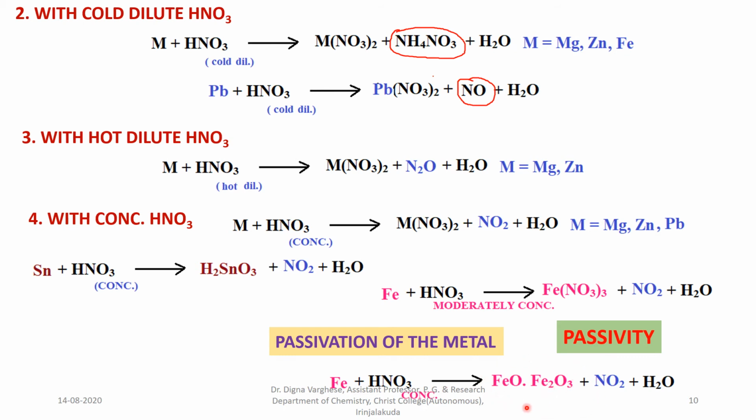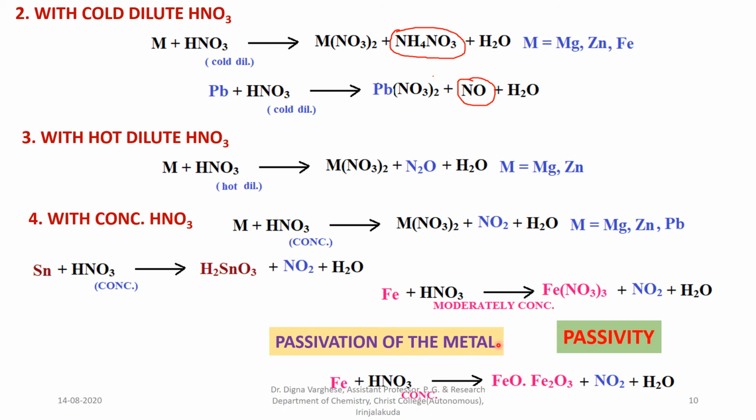Ferrosoferric oxide. That is, here iron is in the +2 oxidation state, here iron is in the +3 oxidation state. So ferrosoferric oxide with nitrogen dioxide and water.